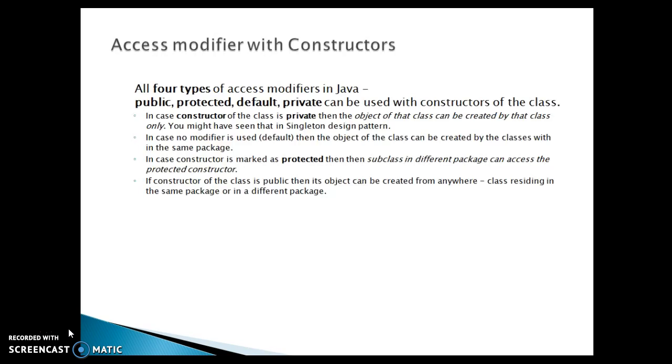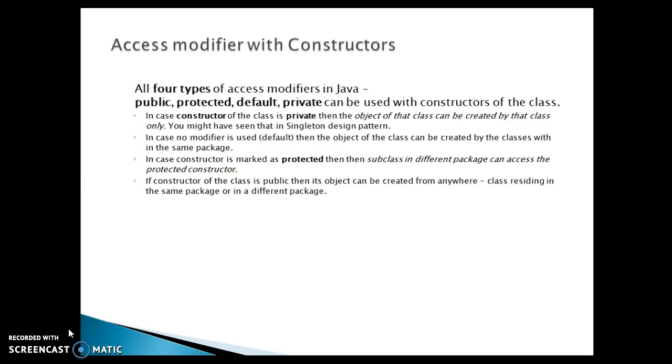Now if constructor is marked as protected, then subclasses in different package can access the protected constructor as well, right? So if you mark a constructor as protected, then within the same package, from any class you can create object of that class.